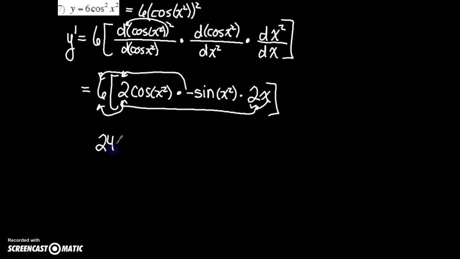So we have 24 with this x as well. Bring that negative out there. And we're all done.